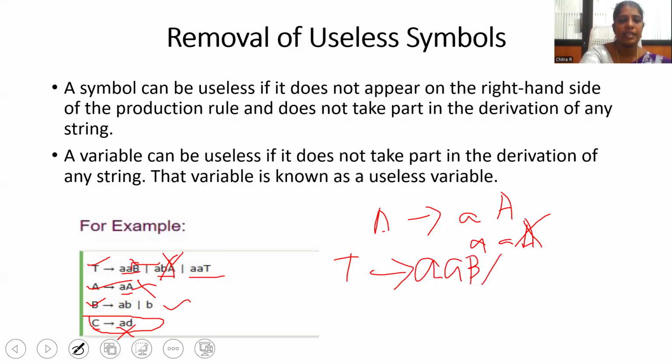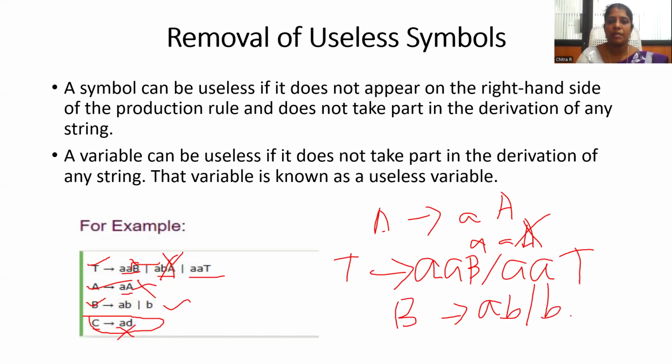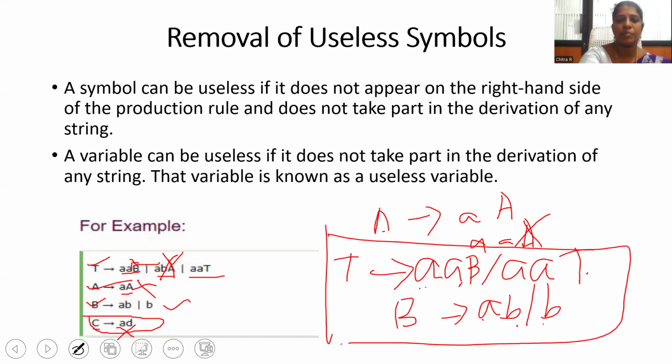We eliminated ABA. The remaining one is AAT, and B tends to AB/B. For this B, you can replace anything AB or B, and for this T also you can replace AAAB or AAB. That's possible. So these are the final productions after eliminating the useless symbols. That's all about the useless symbols.